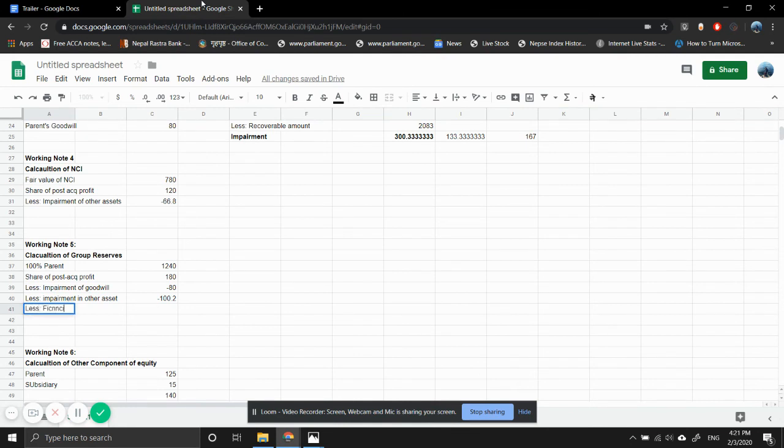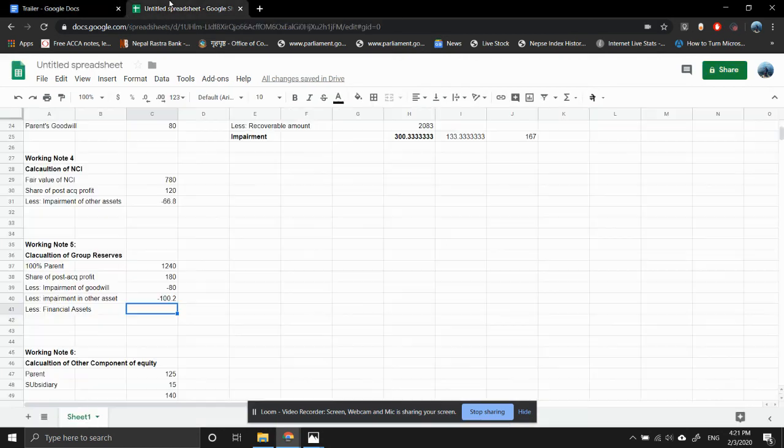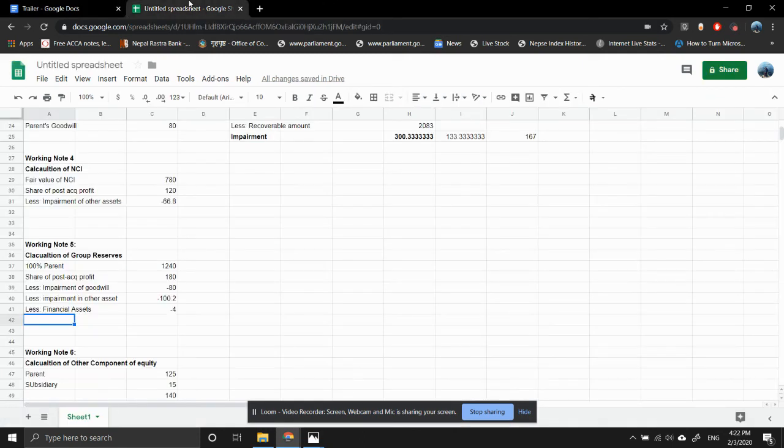Financial asset is down by 4, right? And then what else? 2.8 is our finance income, right? So that will be our positive figure.